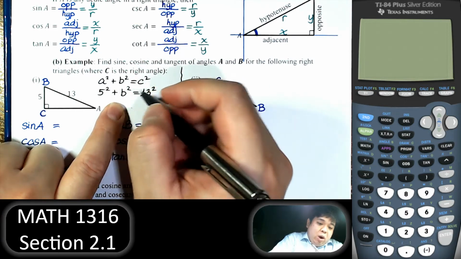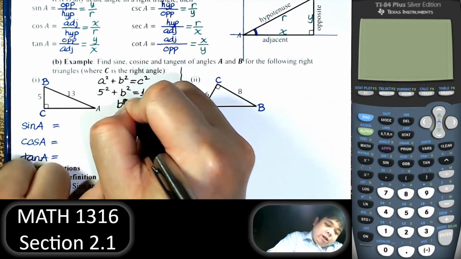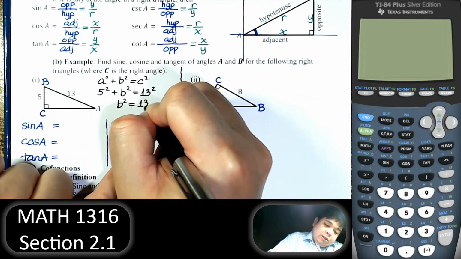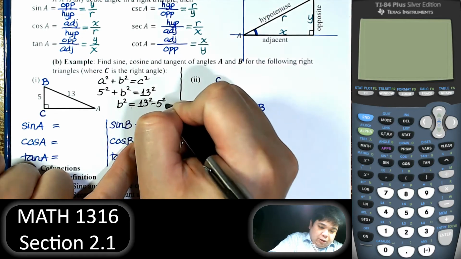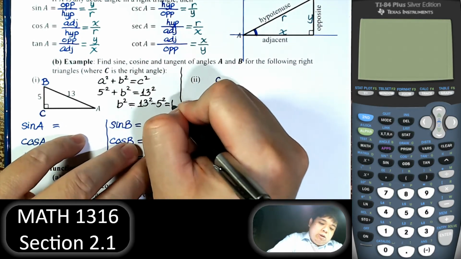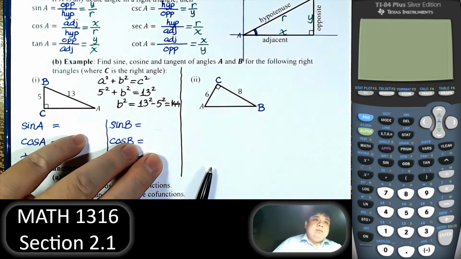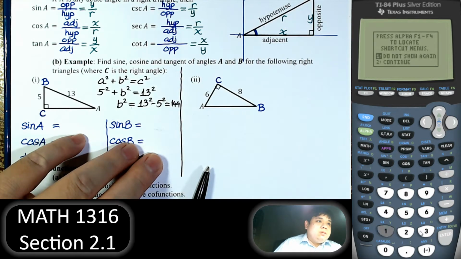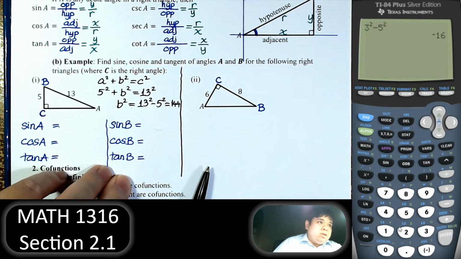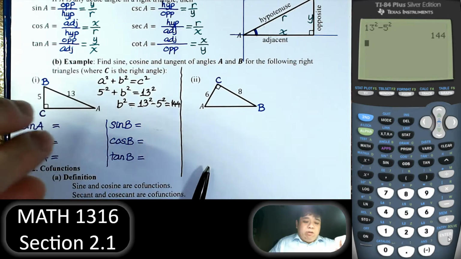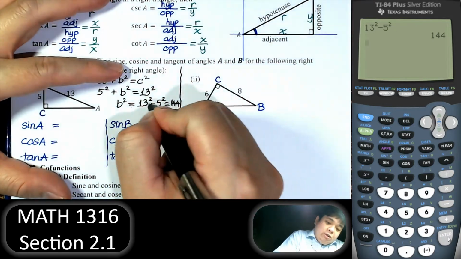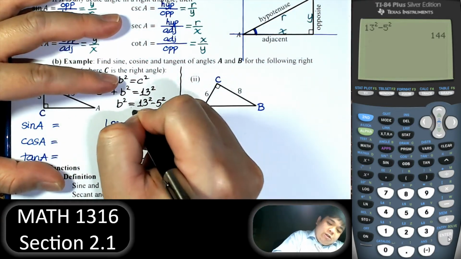So b squared is 13 squared minus 5 squared. That is 144. So b is equal to 12, since the square root of 144 is 12.